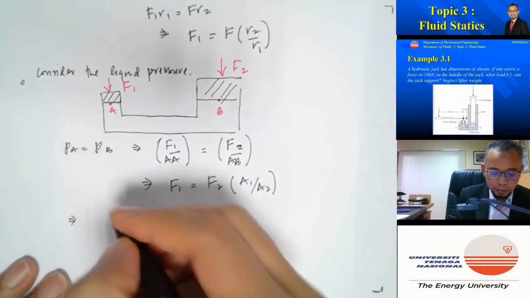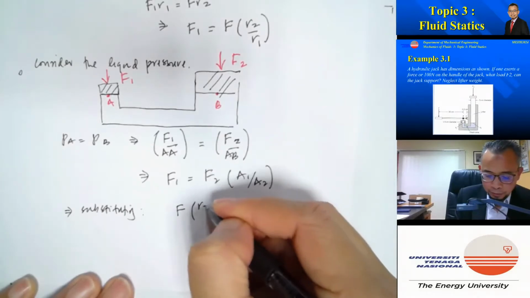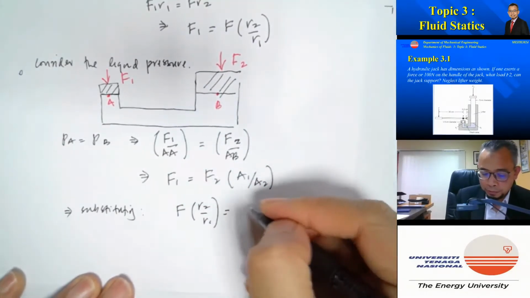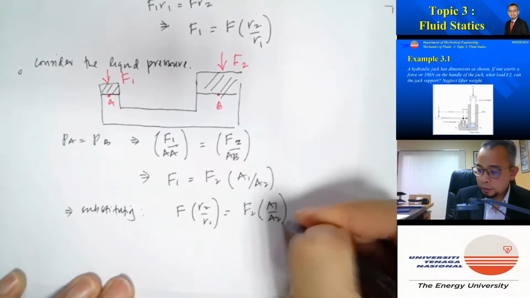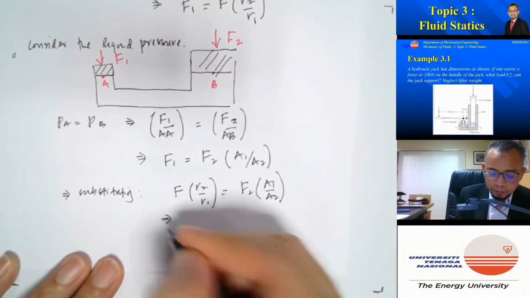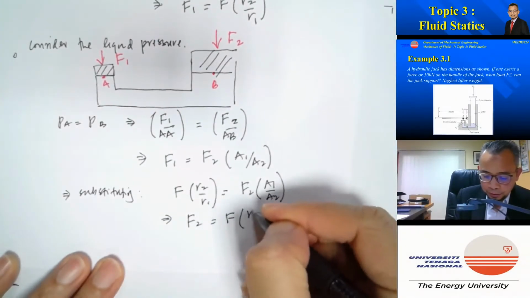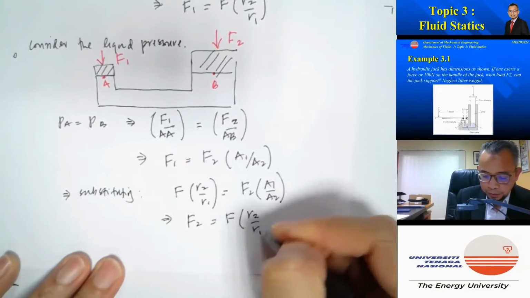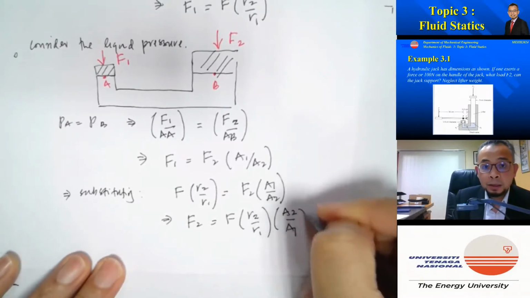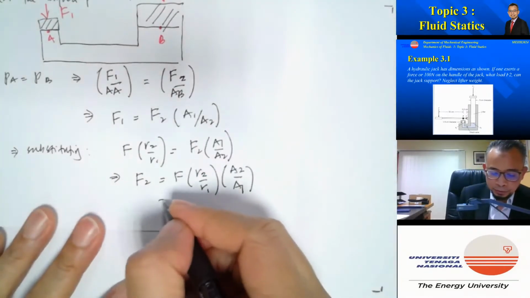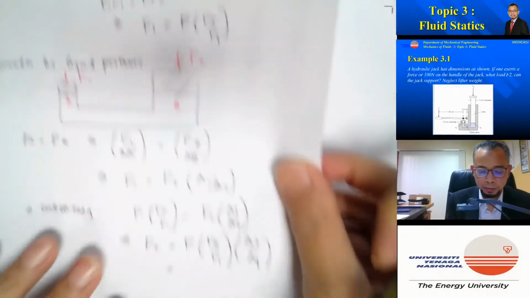So we substitute F R2 over R1 is equal to F2 A1 over A2. So in order to calculate F2, F2 is equal to F R2 over R1 A2 over A1.